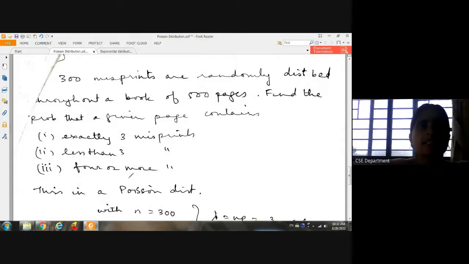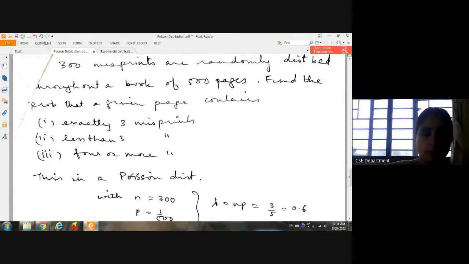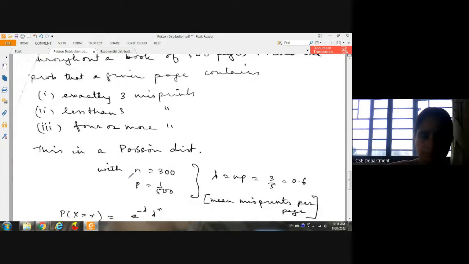Read this problem. 300 misprints are randomly distributed throughout a book with 500 pages. Find the probability that a given page contains exactly 3 misprints, less than 3 misprints, 4 or more misprints.